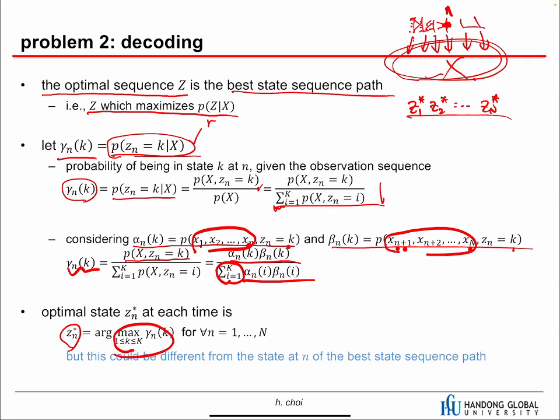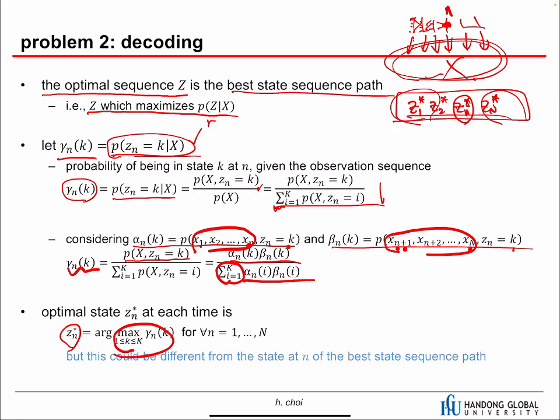At the current time step n, this z sub n star would be the best state for that time step, not considering all the other states. But when we consider all of them at the same time, then this concatenation would not be the best path.